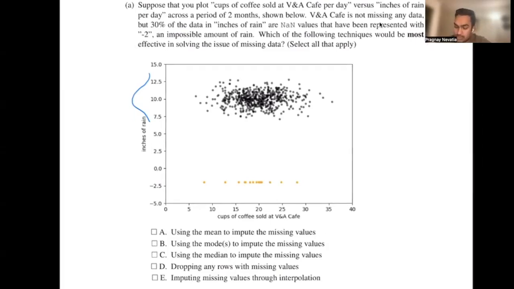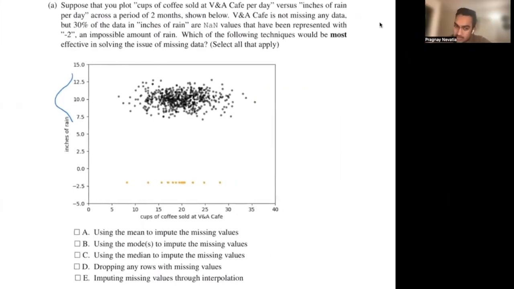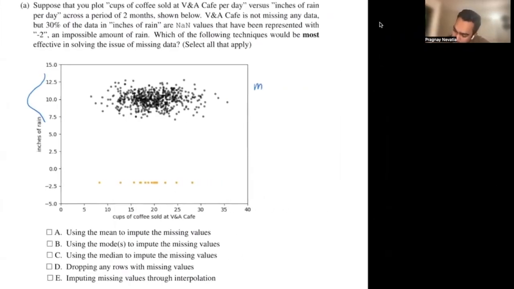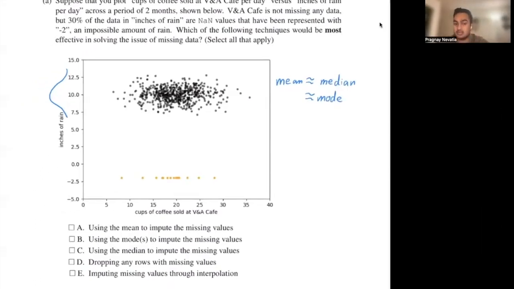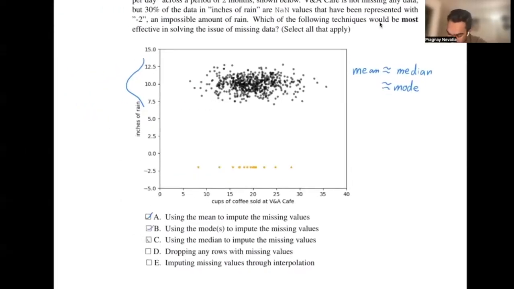And you'll notice that the Gaussian has this very nice property where the mean is approximately equal to the median, which is approximately equal to the mode. So in this case, A, B, and C work to impute the missing values.